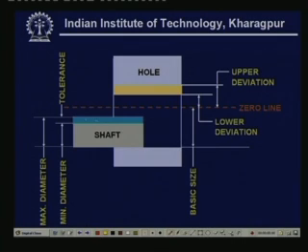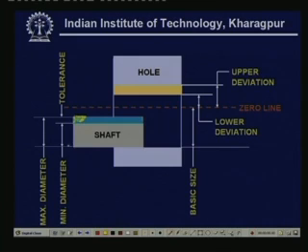The blue colored zone over the grey colored shaft is the band of tolerance. That means if you are manufacturing, the size could be anything within this particular zone.